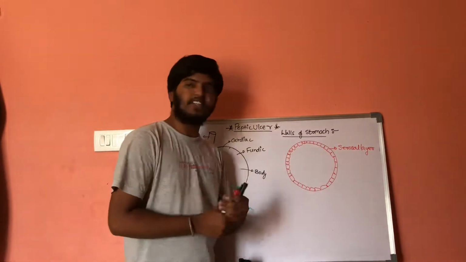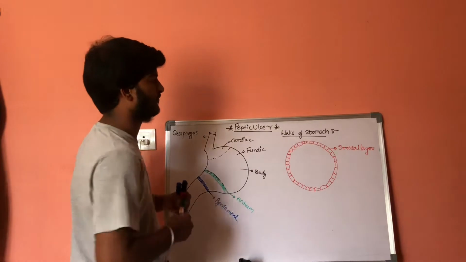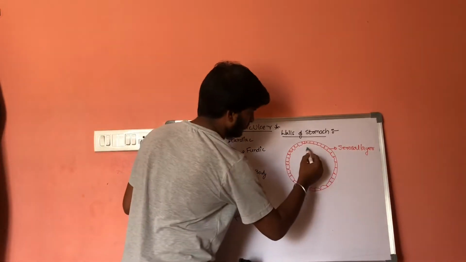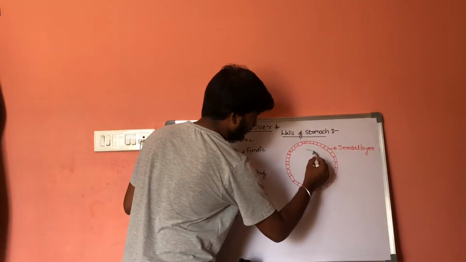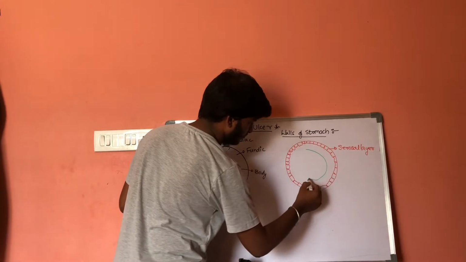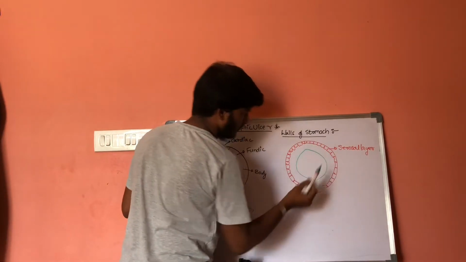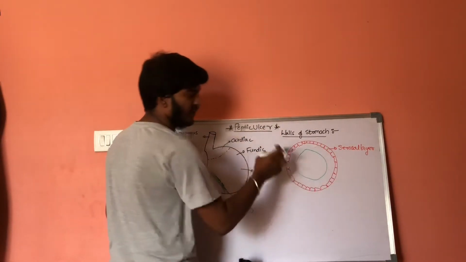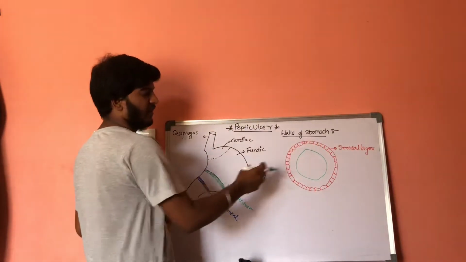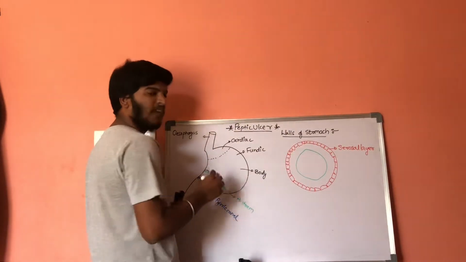The layer present next to this serosal layer is called muscularis externa.